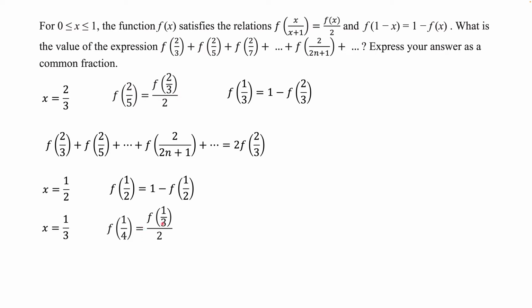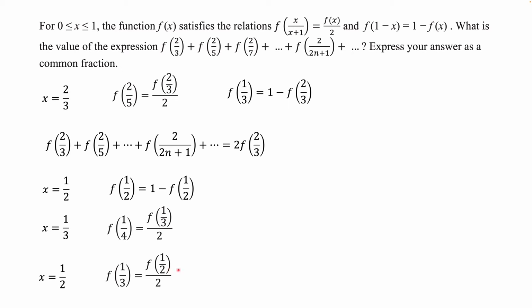Okay, but what's going to happen if I put 1/2 here? Would I get 1/3 here? What do you think? Let's try. We take x as 1/2, and yes, voila. I can express f of 1/3 through f of 1/2, and I know what f of 1/2 is.